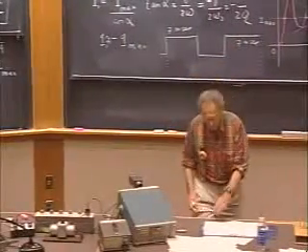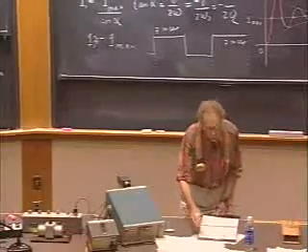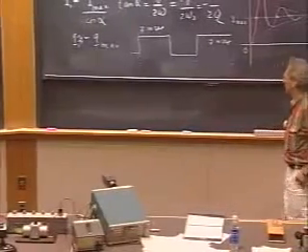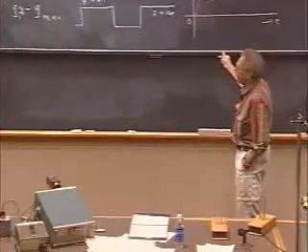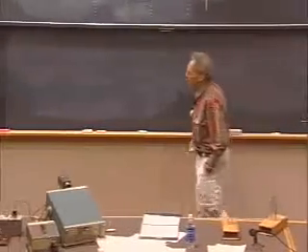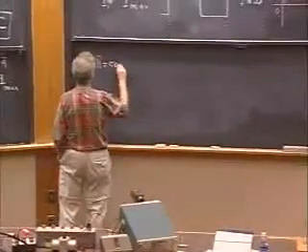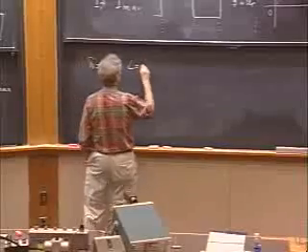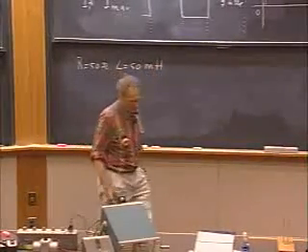I'm going to give you the values that I will be using so that you can digest at home exactly what you are going to see and what all the constants are in this problem. The R is going to be 50 ohms. The L is going to be 50 millihenries, 10 to the minus 3.